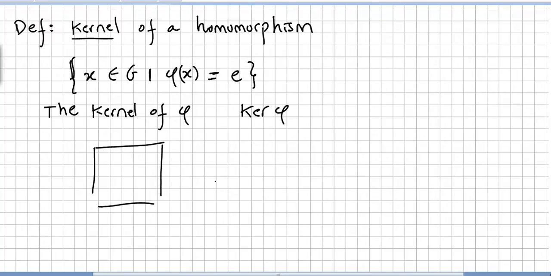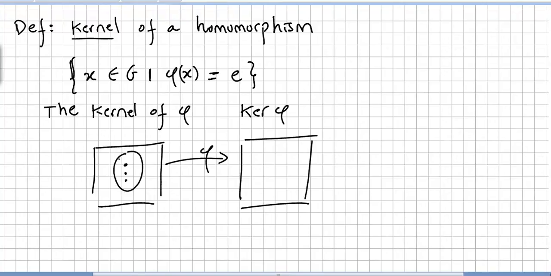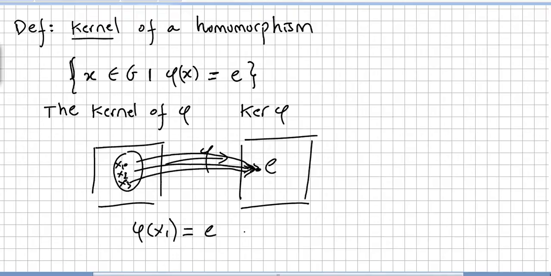So here you have phi, a homomorphism, and the kernel will be the set. Here you have the identity, so it will be the set of all elements X1, X2, X3, where phi of X1 is the identity, phi of X2 is the identity.